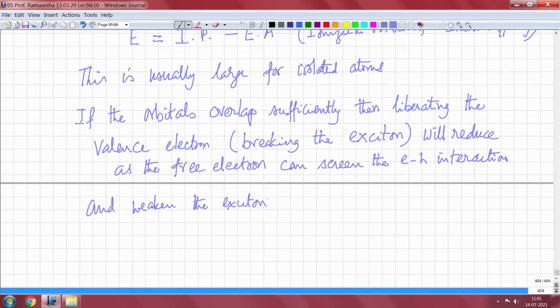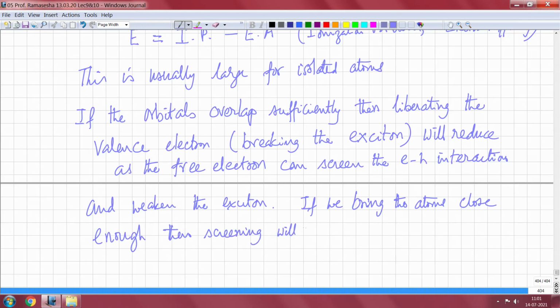Weaken the exciton or reduce its binding energy. So, this happens if the orbitals overlap. So, if we bring the atoms close enough, then screening will be strong and break the exciton.